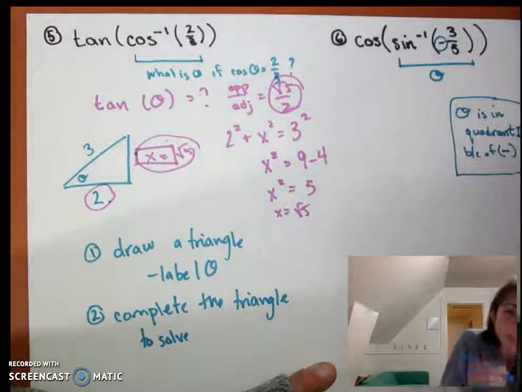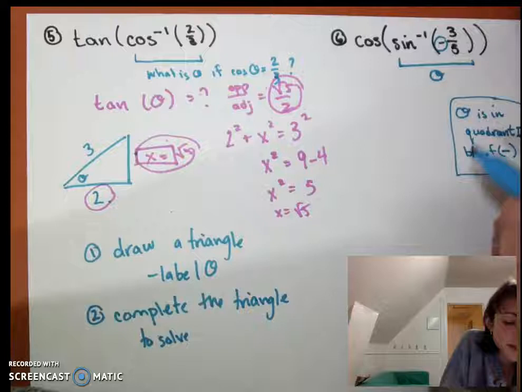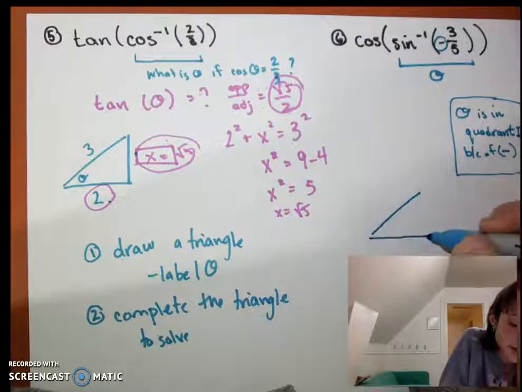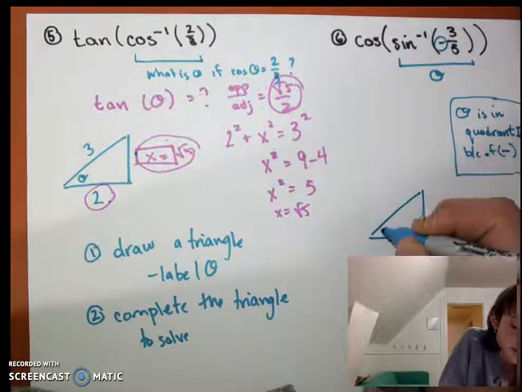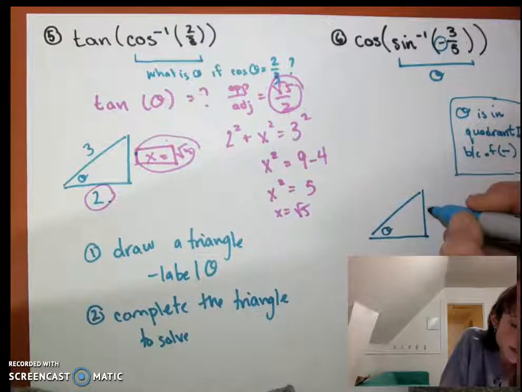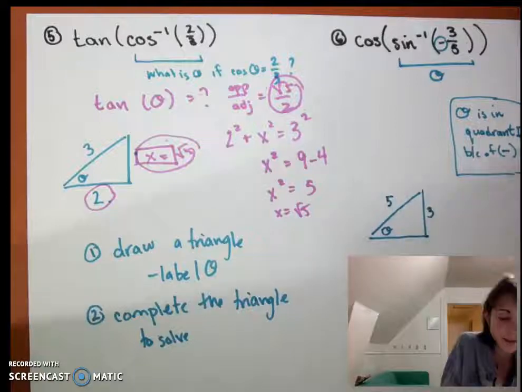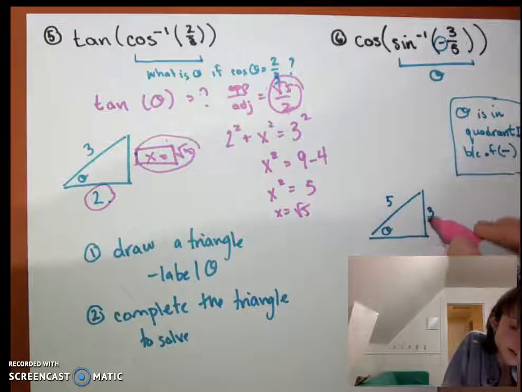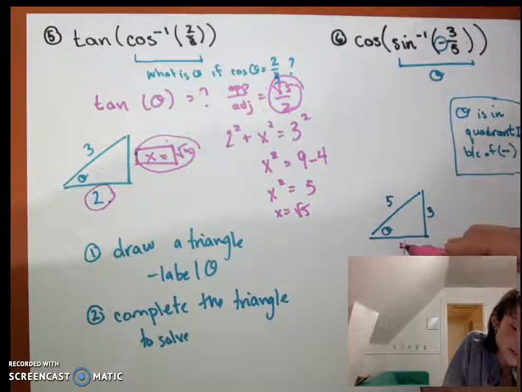So we'll just have to keep that in mind, but if we know that, we can use a reference angle, so we'll just draw our triangle as we normally would. So here's theta, opposite over adjacent, and if we're clever, to complete this triangle, we know this is the 3, 4, 5 triangle, so this side has to be 4.